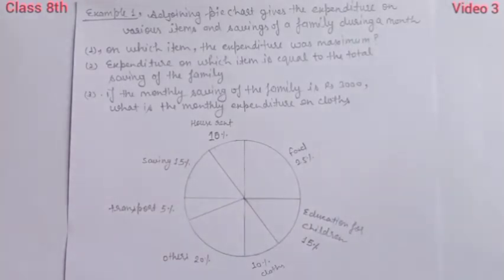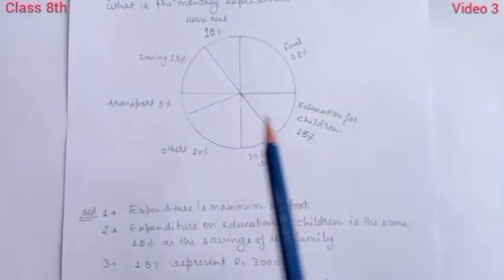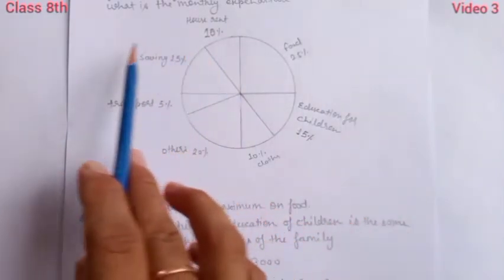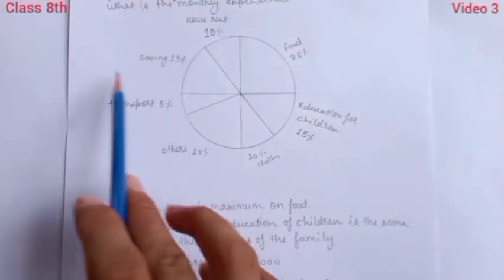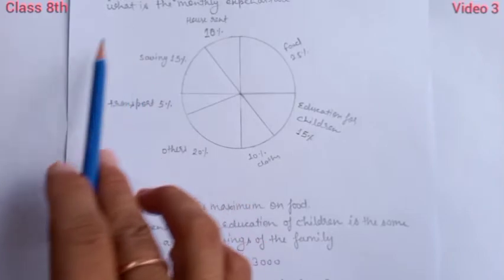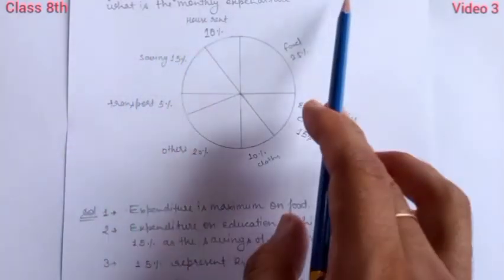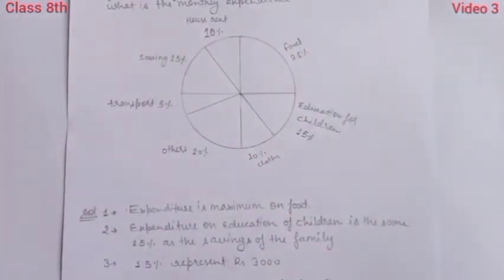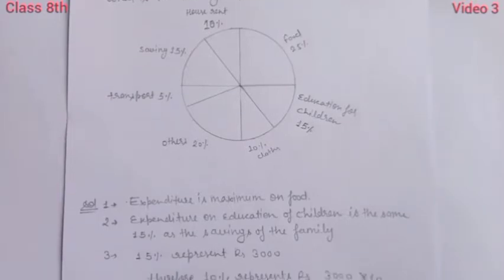So let's solve it. You can see that the monthly saving of the family is 3000, and here it is 15% of the whole amount. So 15% is equal to 3000, which is given in the question. So how will we do this?